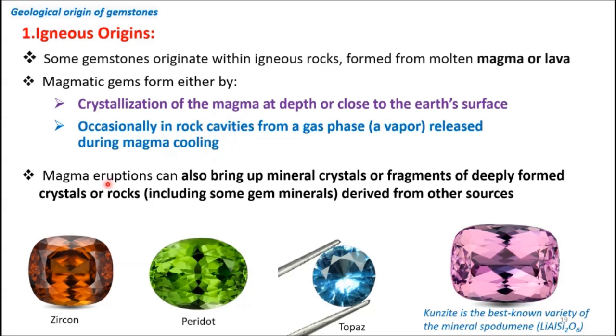And sometimes some of the igneous rocks act as a transport medium in nature. The best example is kimberlite. Kimberlite acts as a transporting agent. Mainly the diamond produced within the earth's mantle reaches the earth's surface through this kimberlite magmatism.